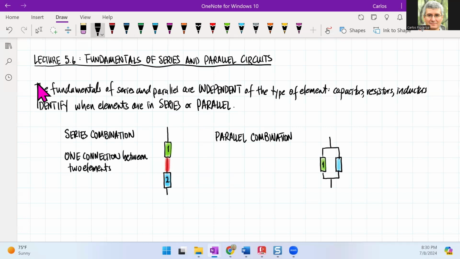I had my elements 1 and 2, but now you can see that there are two wires connecting both elements. So in this situation, we have two connections between two elements. And believe it or not, even though it does not look this way, they're actually almost the inverse property of each other here.